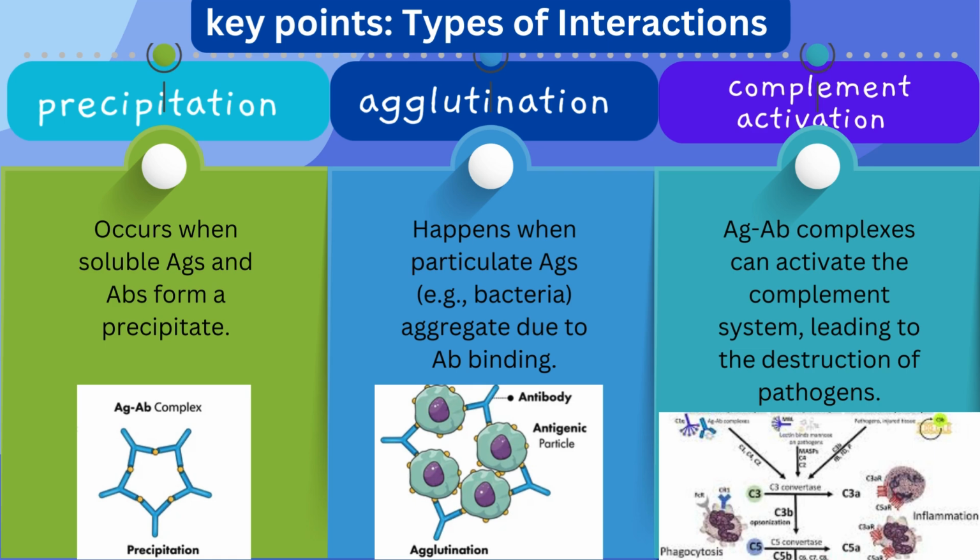And we also have complement activation, which refers to the activation of the complement system. So, what is the complement system? It's a series of proteins that enhance immune responses. It can lead to the destruction of pathogens by promoting inflammation, aiding in phagocytosis, or directly lysing microbial cells through the formation of MAC, or the membrane attack complex.